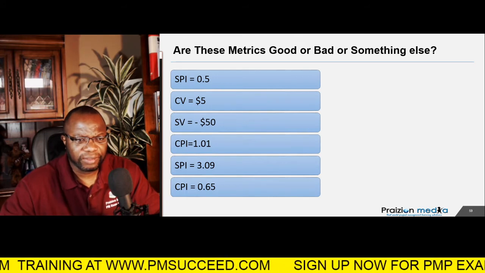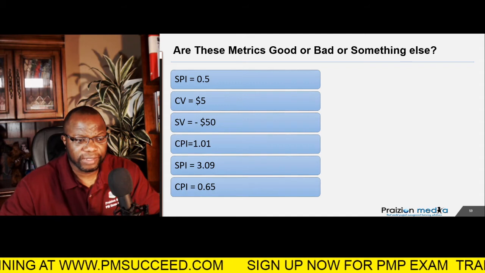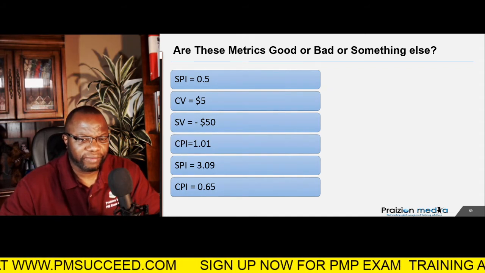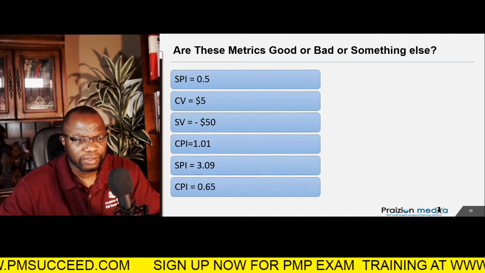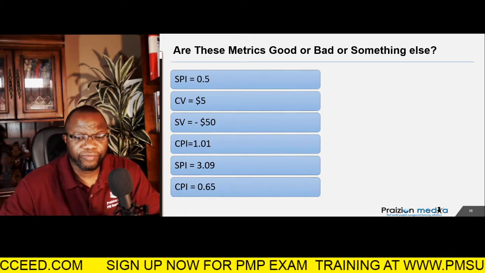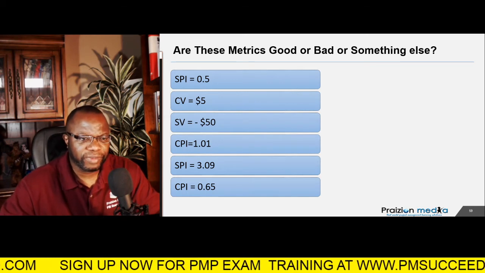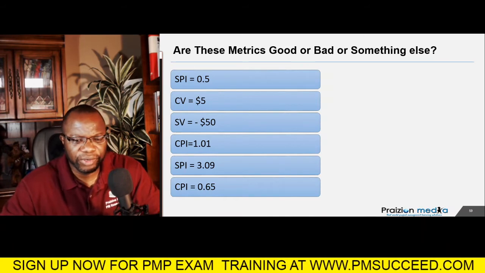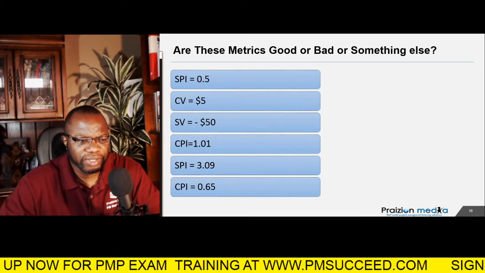0.5 SPI. What is that? Is it good? Is it bad? Is it something else? What about a cost variance of $5? Good, bad, or something else? What about a schedule variance of minus $50? What about a cost performance index of 1.01 or a schedule performance index of 3.09 or a cost performance index of 0.65?